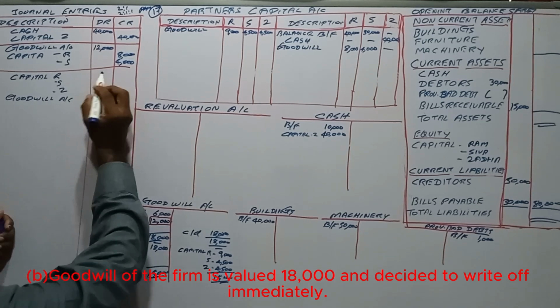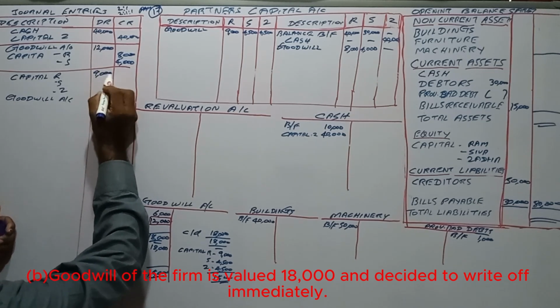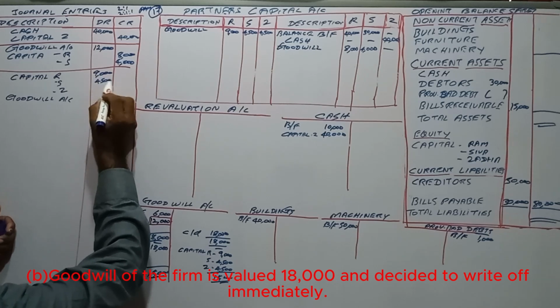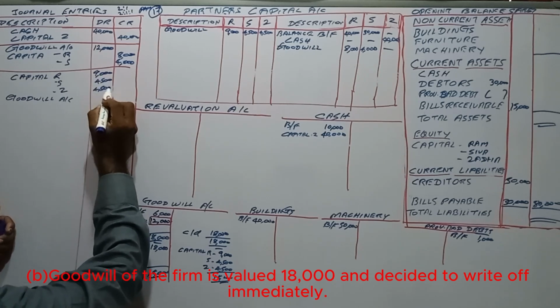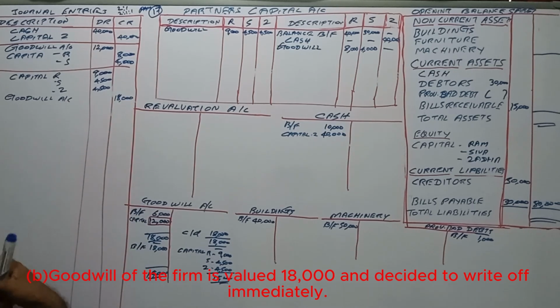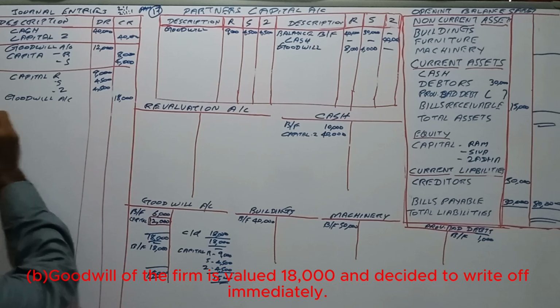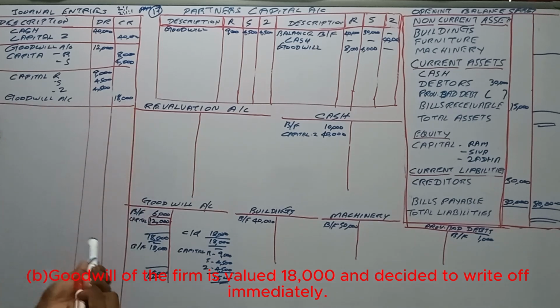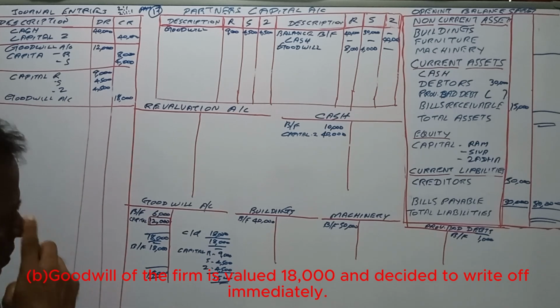How much? 9,000, 4,500 and 4,500 equal to 18,000.